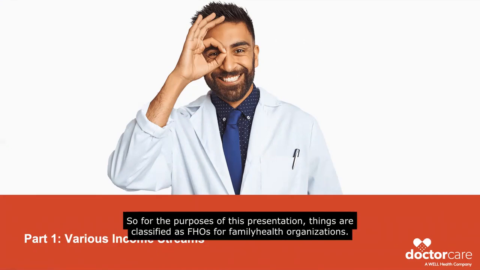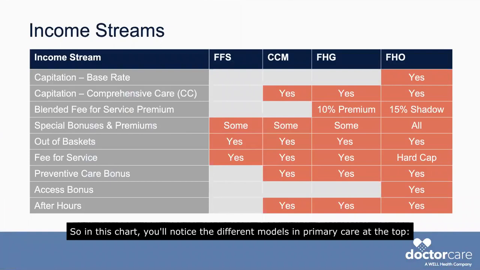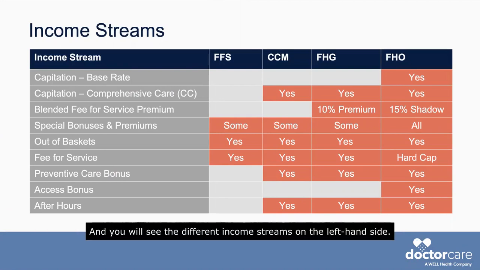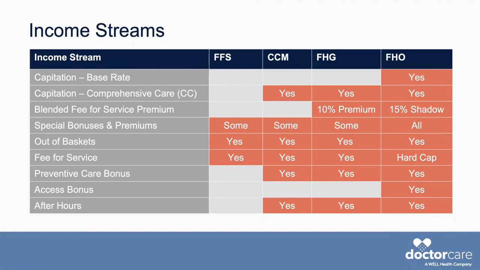So for the purposes of this presentation, things are classified as FOs for family health organizations. So in this chart, you'll notice the different models in primary care at the top: fee-for-service only and the patient enrollment models, or PEMs, CCM, FIG, and FO. And you will see the different income streams on the left-hand side.